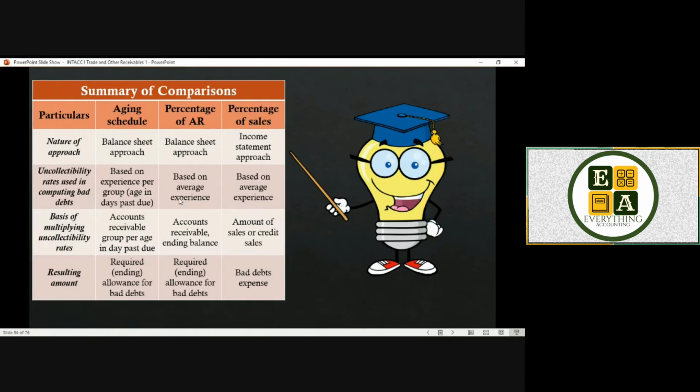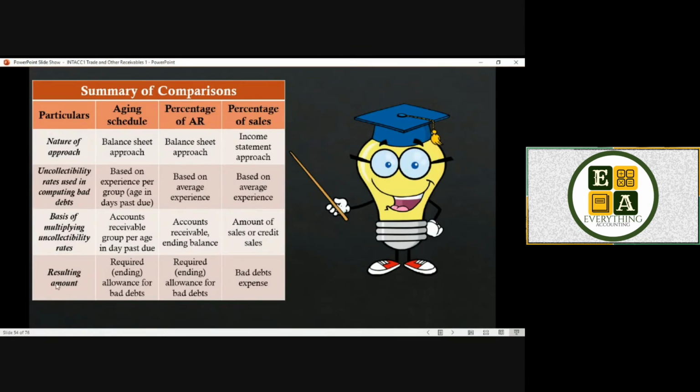Yung basis naman ng multiplying uncollectibility rates, sa aging schedule per age group, okay, accounts receivable per age group, si percentage of AR, yung accounts receivable na total ending balance, yung percentage of sales naman is the amount of sales or credit sales.